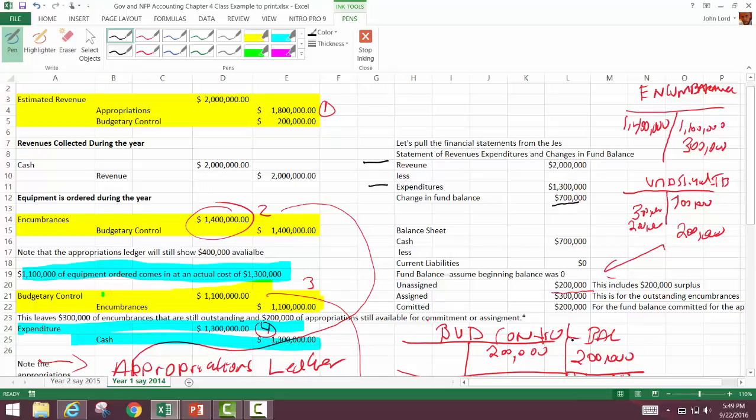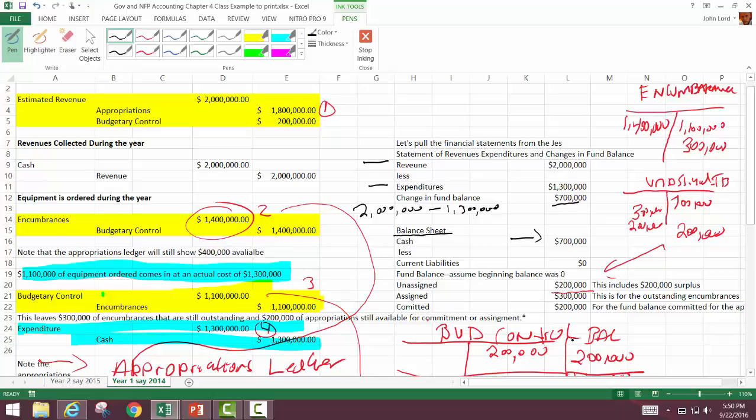Then I prepare my balance sheet, and I have cash of 700,000. How did I get cash to 700,000? The 2 million that I originally got as revenue minus the 1,300,000 that I've spent on equipment. That's how I got the 700,000 cash.